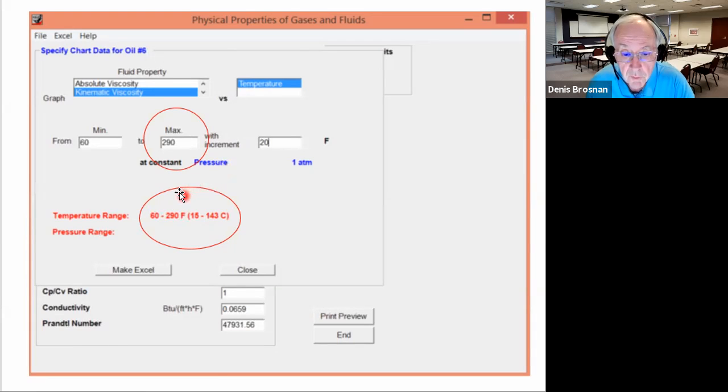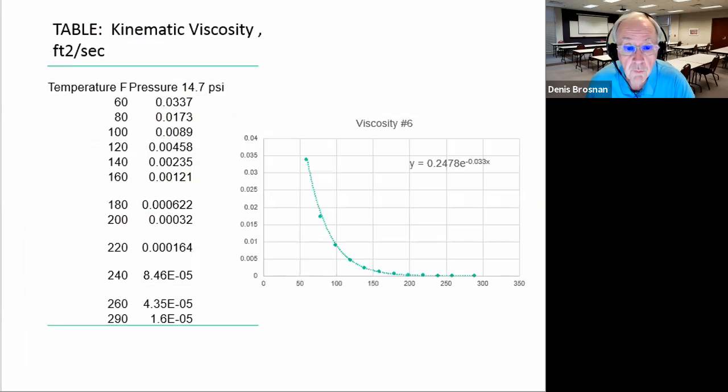And so then we're going to just say make Excel. When you make Excel, you're going to get a table, and of course in 20-degree increments up to the maximum temperature they allow. Then you're going to get the kinematic viscosity. In this particular case, I've chosen feet squared per second, but I believe you can choose other scales as well.